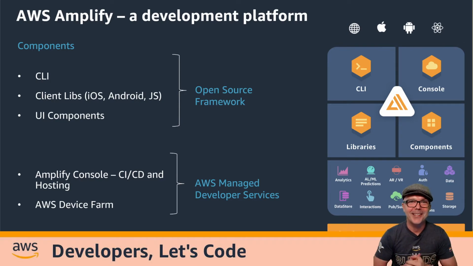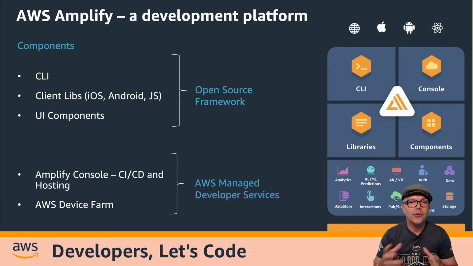Look up the documentation if you forgot. The client libraries are almost the API to the backend services. So if you provision a RESTful API, you can use the client libraries for the platform you're developing in to communicate with that API.